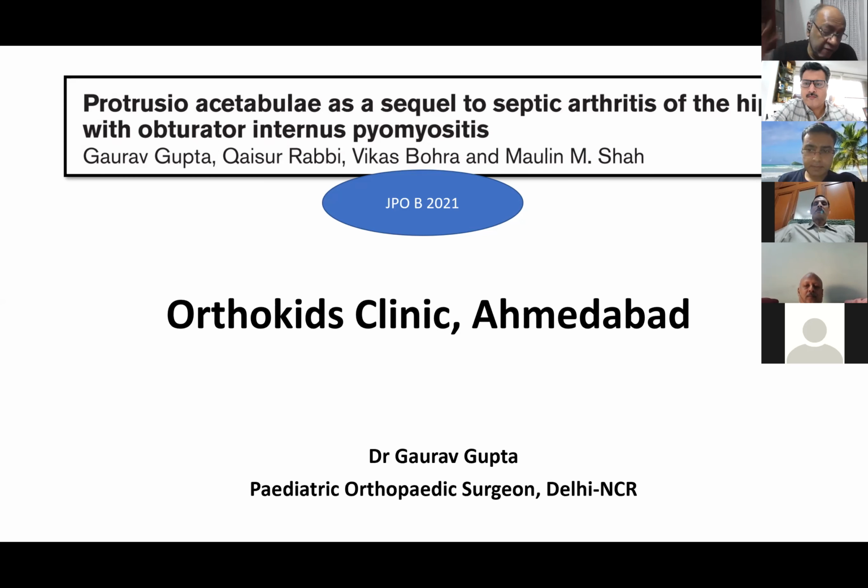I can't recollect whether we looked at the MRIs very closely, but I can think of at least 2 or 3 cases where it may have been something like that, because they took a long time to recover even with antibiotics, unlike septic arthritis, where once you drain it, it seems to get well within no time at all. So it's certainly something we need to look at very carefully.